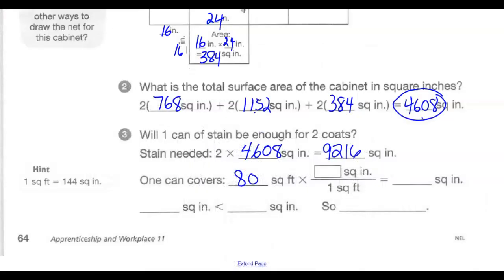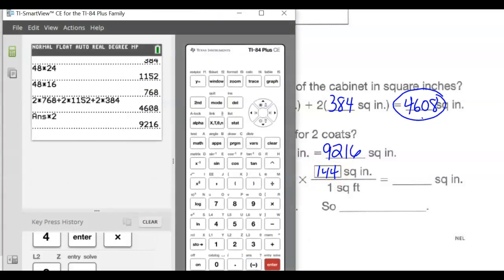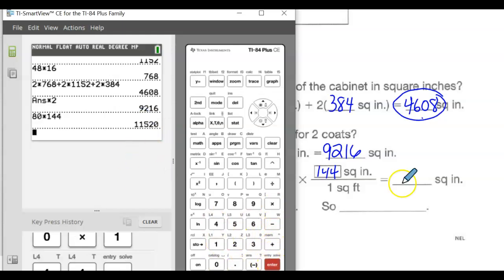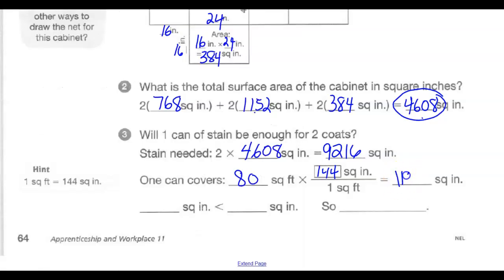Basically 1 foot is 12 inches, 1 foot times 1 foot is 1 square foot. 12 times 12 is 144. So 144 square inches in 1 square foot. So multiply those together. 80 times 144. That means 11,520 square inches is how many square inches the paint covers, 1 can.